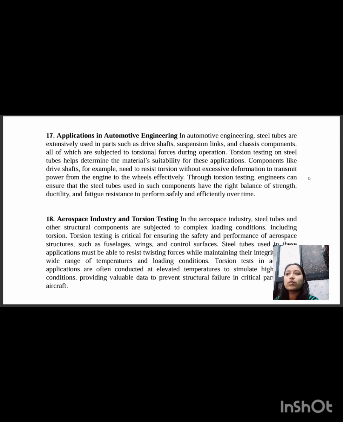So next, the aerospace industry and torsion testing. In the aerospace industry, steel tubes and other structural components are subjected to complex loading conditions, including torsion. Torsion tests are critical for ensuring the safety and performance of aerospace structures, such as wings and control surfaces.